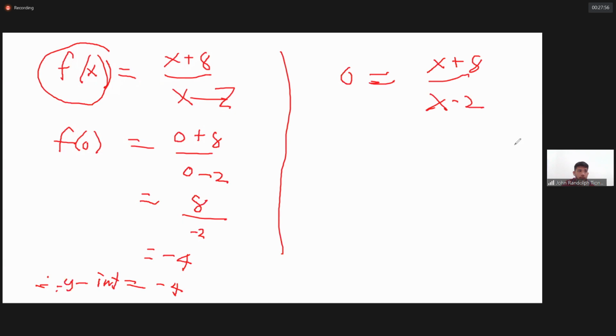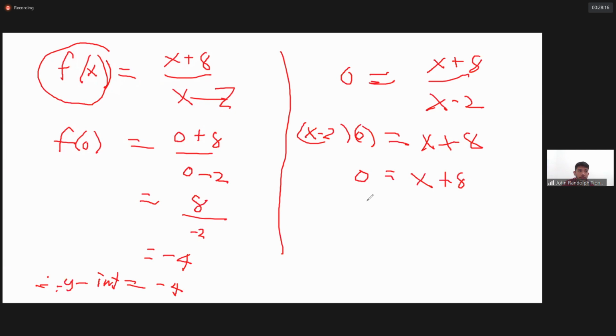Then manipulate the equation. Cross multiply, di ba? Kung i-cross multiply mo yan, x minus 2 multiplied by 0 equals x plus 8. Now, x minus 2 multiplied by 0 is just simply 0 equals x plus 8.